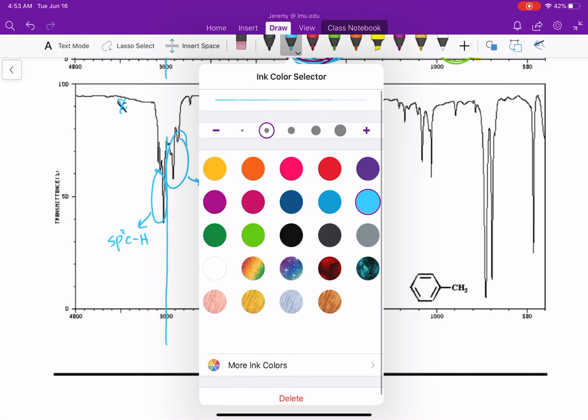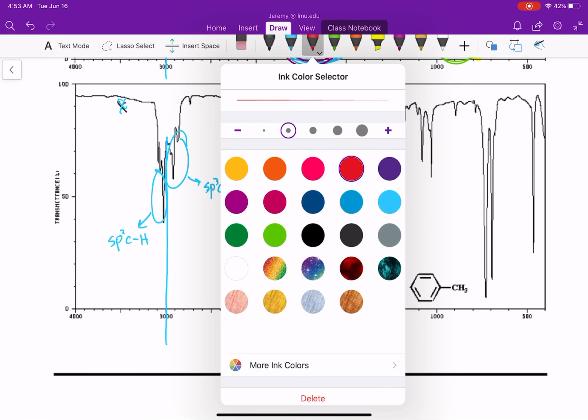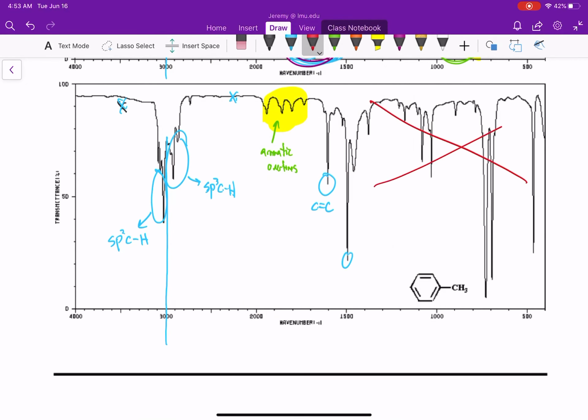That's a really good indicator that you have an aromatic ring. And then our last peak, we can see we have a peak here. And that's the C=C of our double bond, and there's generally a second one of those. And we can kind of ignore everything below 1450. Clearly here we know we have an aromatic ring of some kind, a benzene ring.